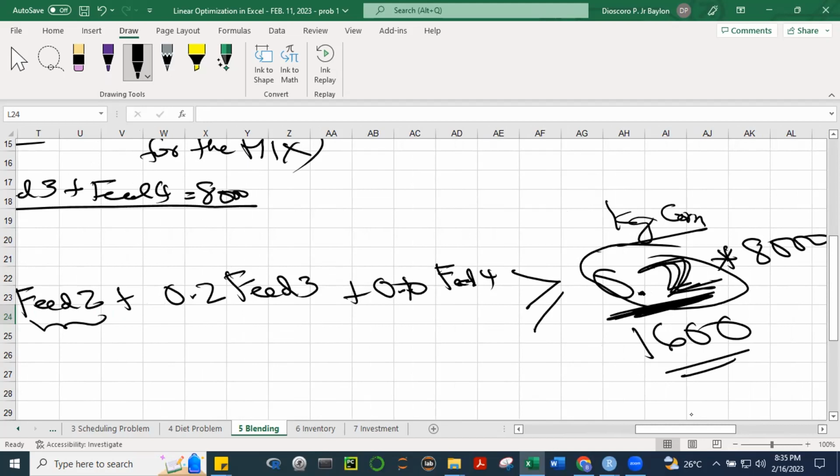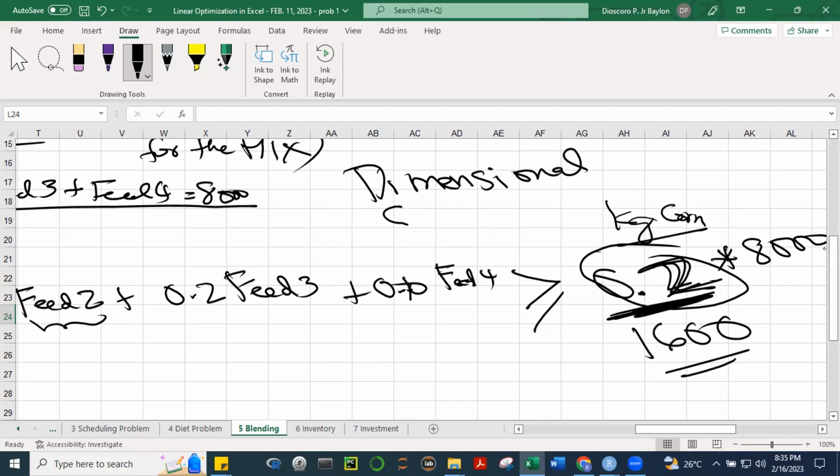Is it the constraint given to us in terms of proportion, 20% of corn? Sir, para same yung units ng left hand side and the right hand side, sir. Exactly. Thank you, Erwin. So that's what we discussed last time, the dimensional consistency.